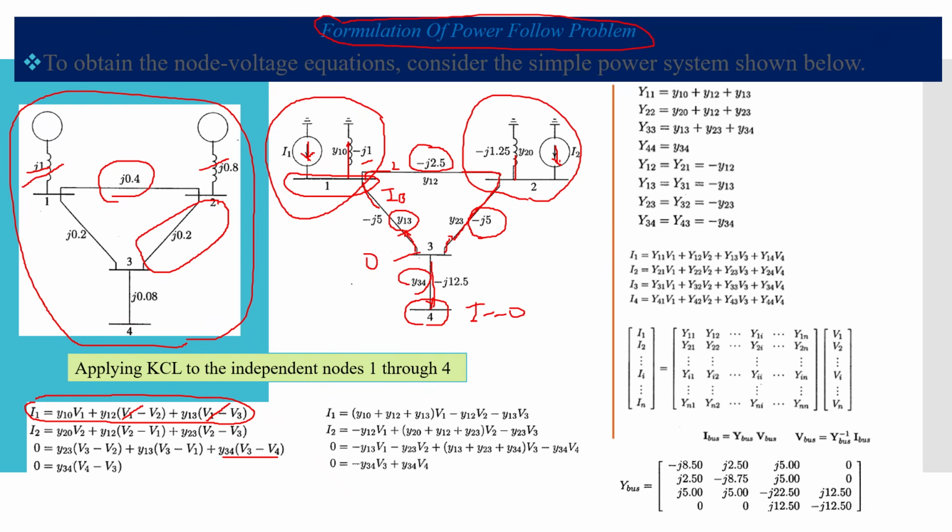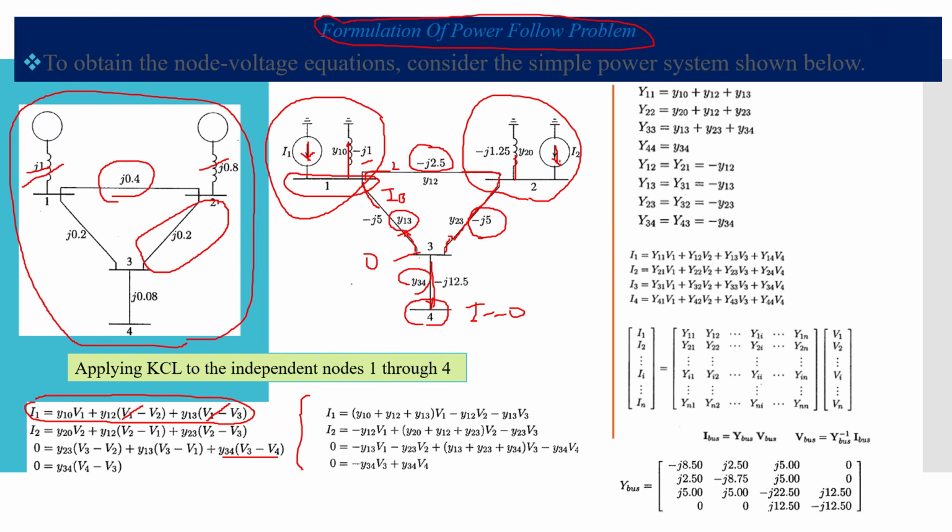So if we simplify those equations, we can obtain I1 as (Y10 plus Y12 plus Y13) multiplied by V1, minus Y12 V2, minus Y13 V3. For I2 it is the same: minus Y12 V1 plus (Y20 plus Y12 plus Y23) V2, minus Y23 V3.